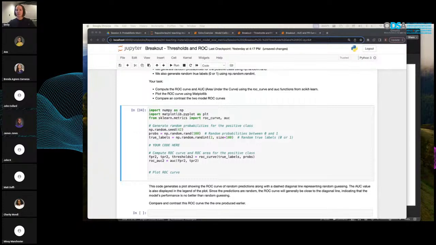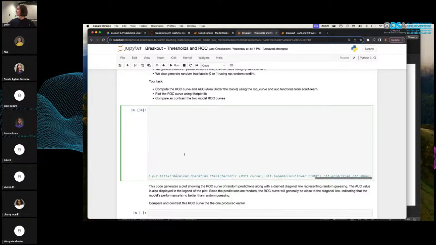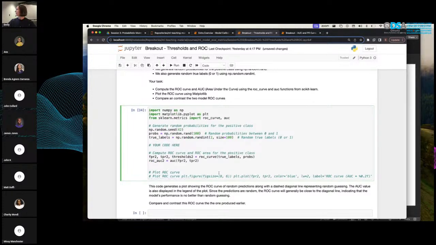Excellent. Let's put this in here. Thanks, John. We'll break this out as we go. So we have plot the ROC curve. We're going to create our figure.